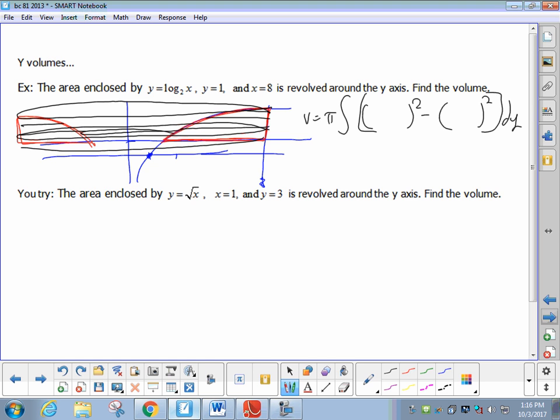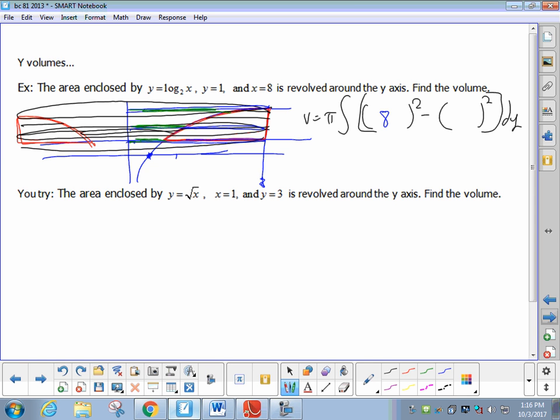What is big R? If I trace over big R, I tend to make a big mess of my picture. Here's big R, here's big R, here's big R. All those blue segments, always the same or varying? Always the same. What's big R? 8. Little r, that's the little circles inside. Here's a little circle, here's a little circle. Are those green segments always the same or varying?